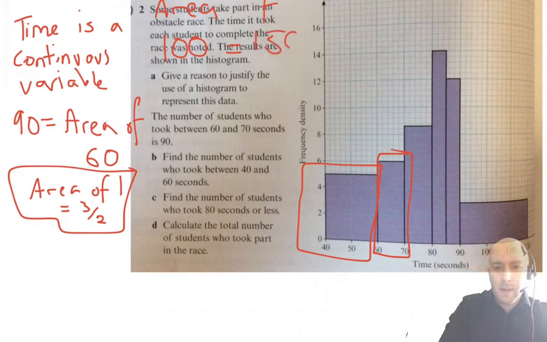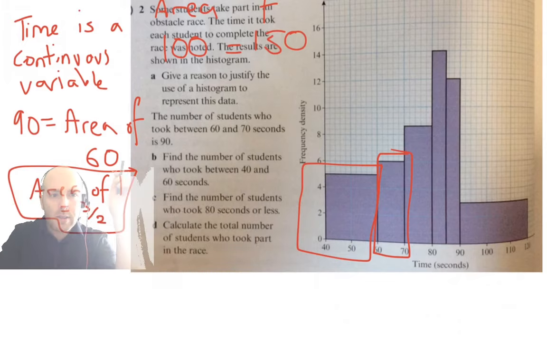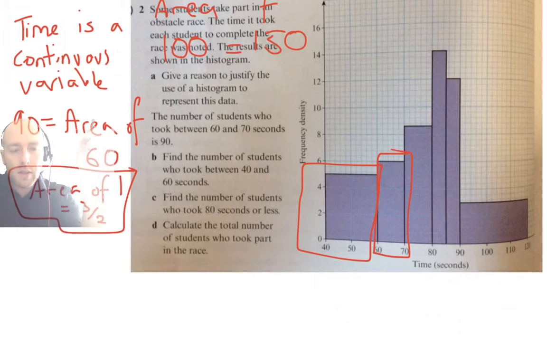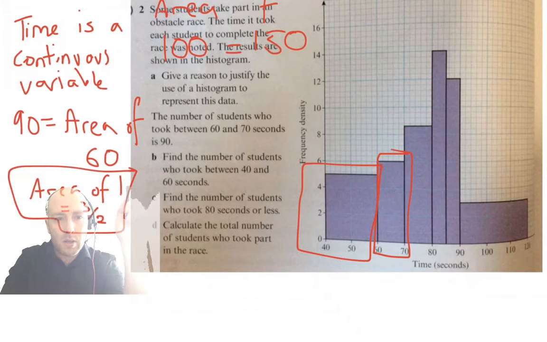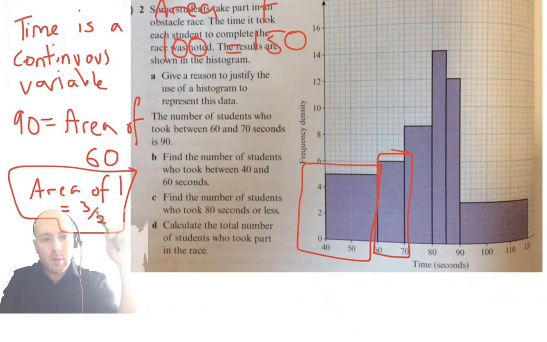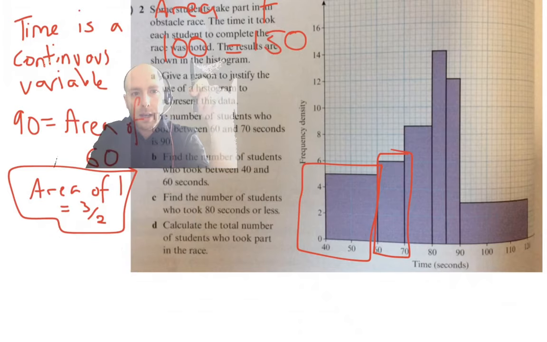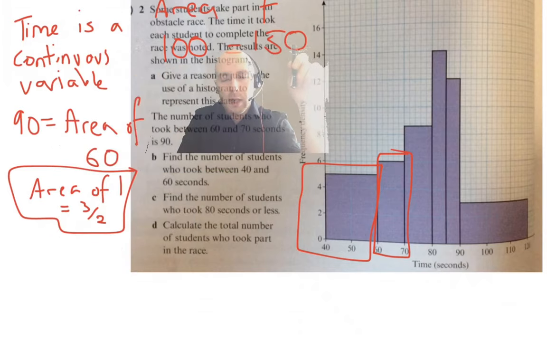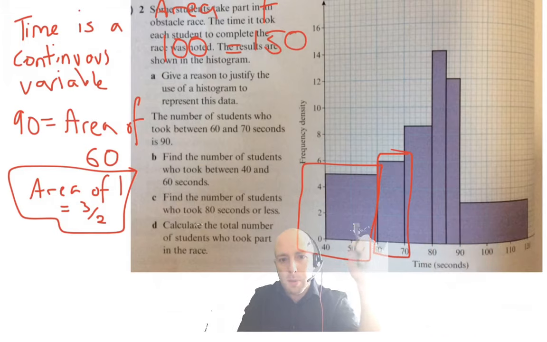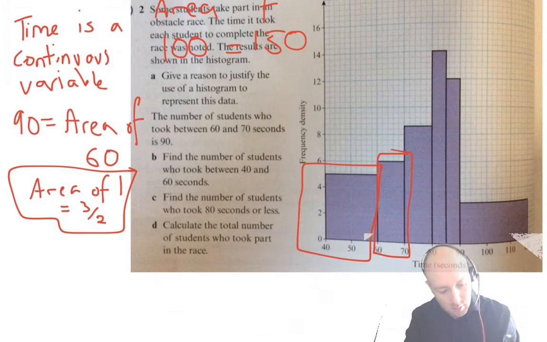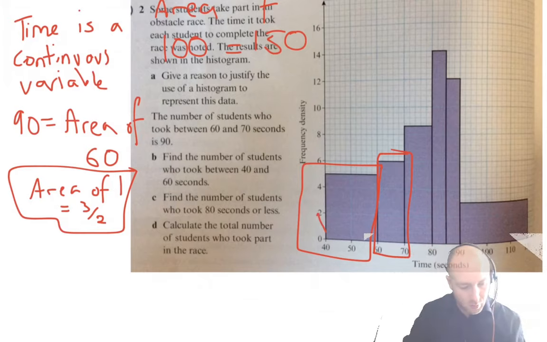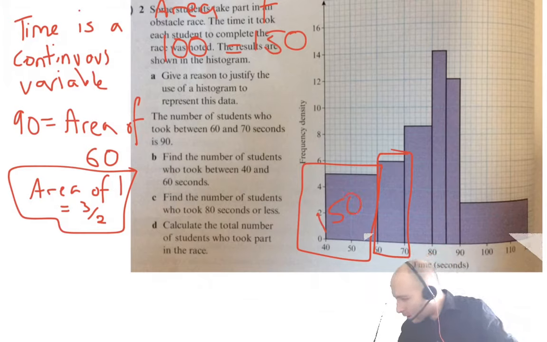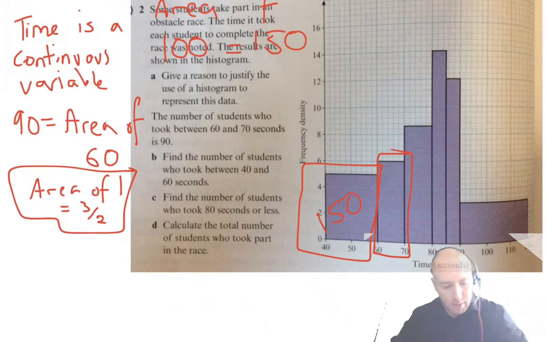All I'm using there is that, based on this bar, an area of 60 represents 90 students. So I know an area of 1 is going to represent 3/2 students. Apply that up here, area of 100 times 3/2, and we get 150 students. So this bar is 150 students. Jake has got that correct. Good.